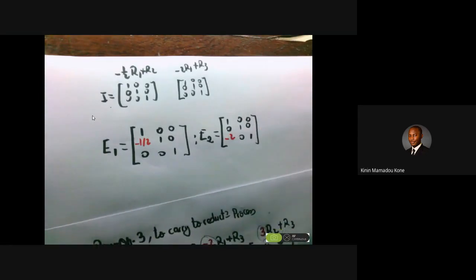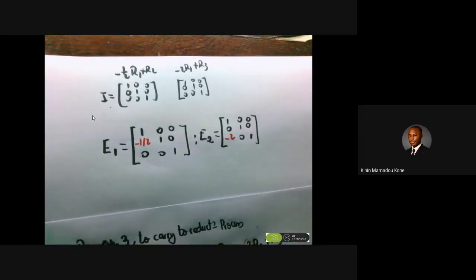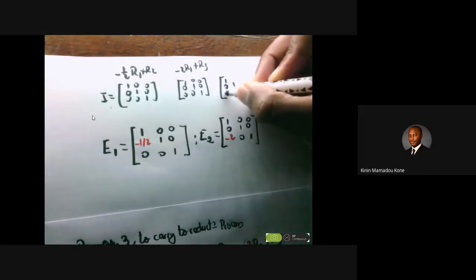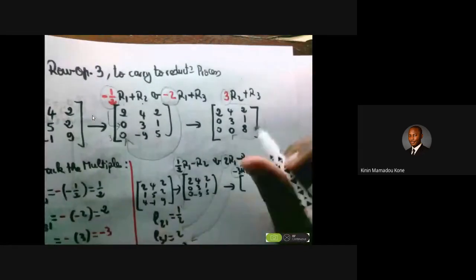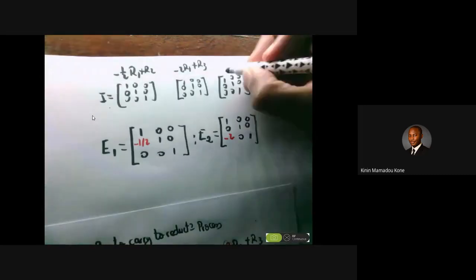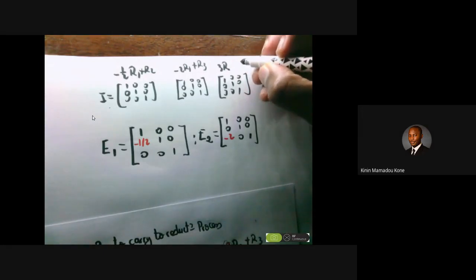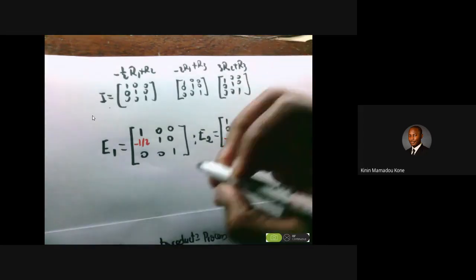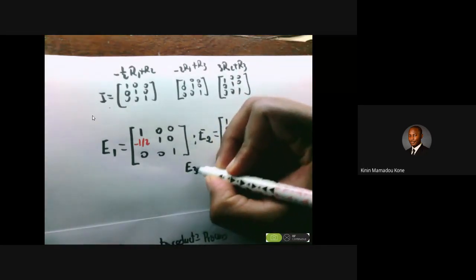Okay. Now the third operation. I have my identity matrix, and I'm going to apply to it 3 times row 2 plus row 3, and I'm going to obtain E3. This is the third operation.